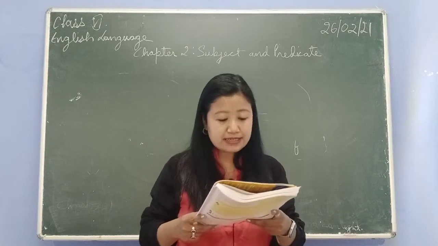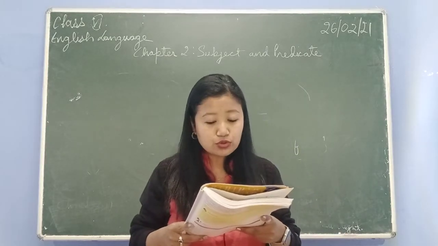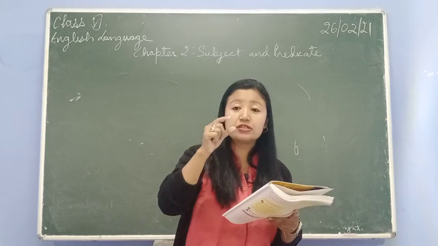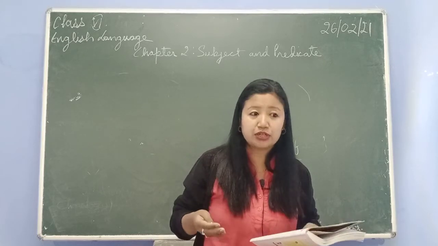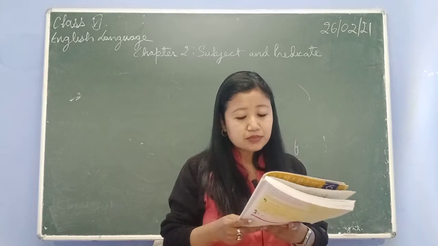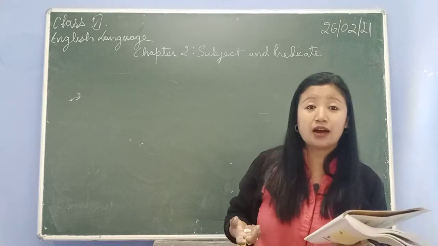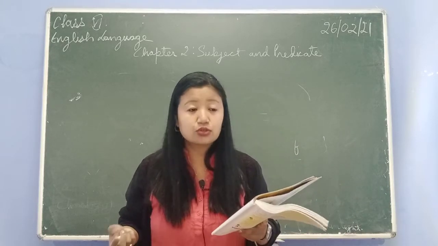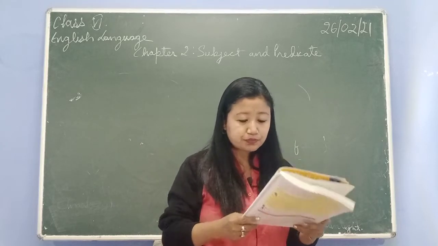Now read the sentences: the horse ran around the field; Charlie photographed the pigeons; owls hoot. The words in red, the horse, Charlie, owls, are your subjects. It can be one word or more than one word, and they tell us who or what the sentences are about. So don't get confused between subject and predicate.